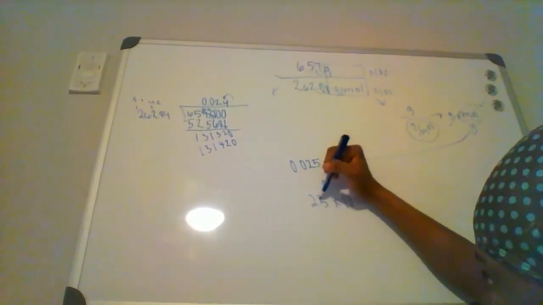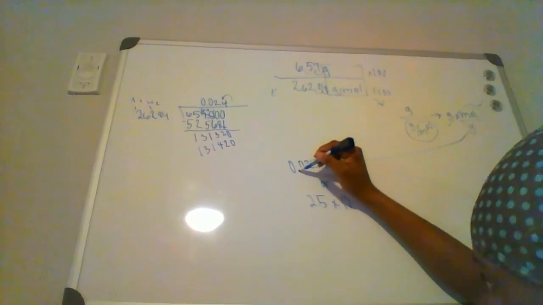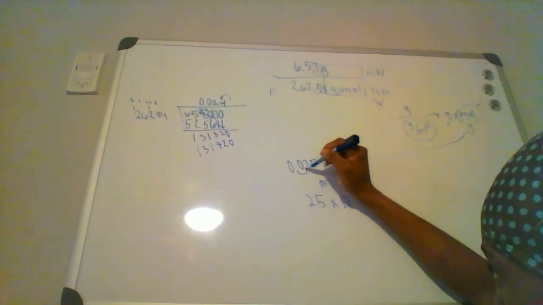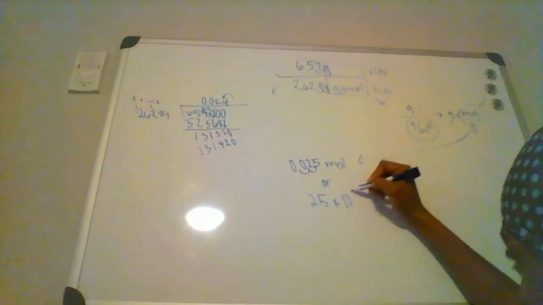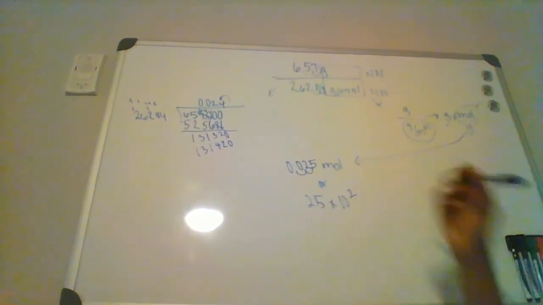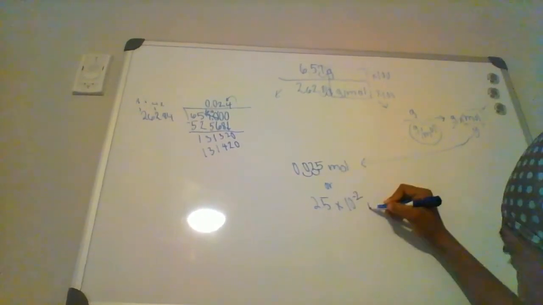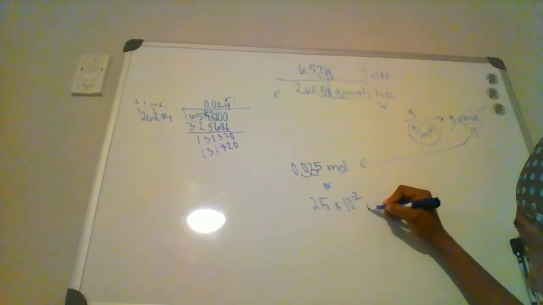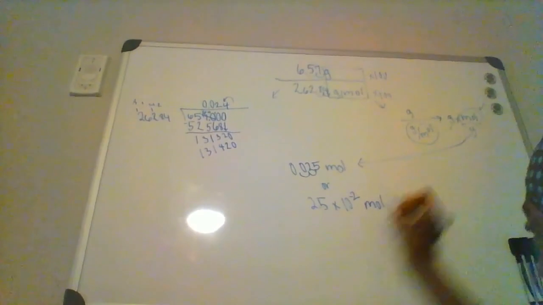So in order to create 2.5, I had to shift the decimal 2 spaces. But since I shifted it 2 spaces to the right, I have to negate. 2.5 times 10 to the negative 2 moles. Okay?